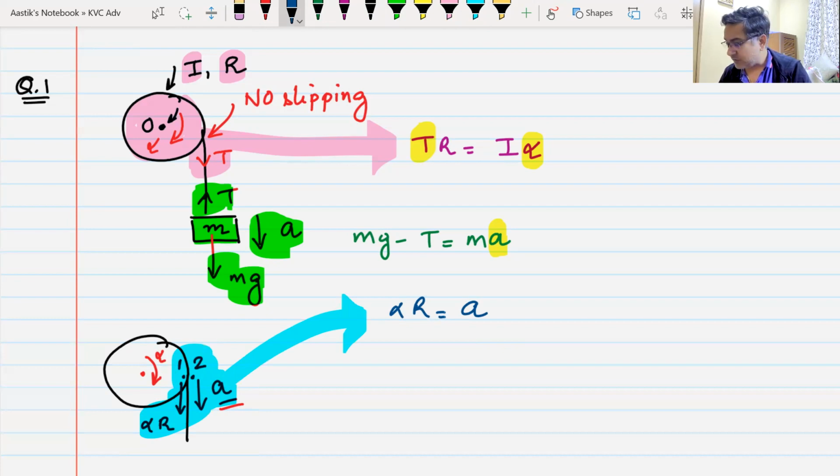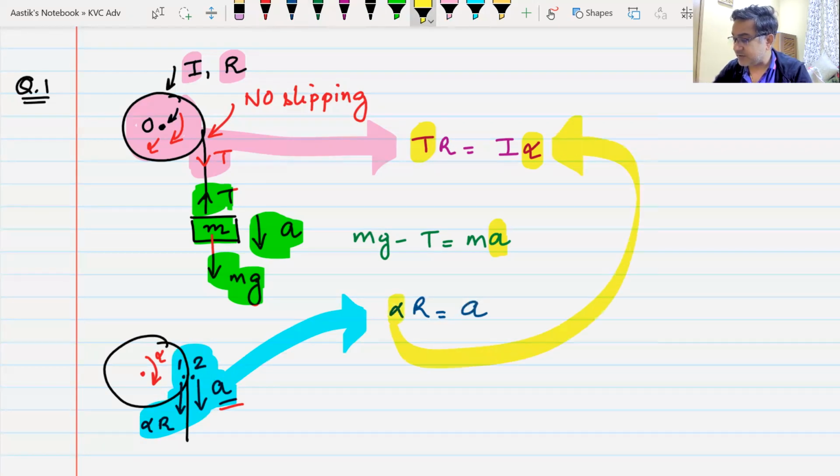You can put the value of alpha from here into this equation, A by R, and then divide this equation by R. Then you can add up these two equations, T will get cancelled, and you will get the value of A in terms of the known quantities. You divide A by R and you will get the value of alpha.